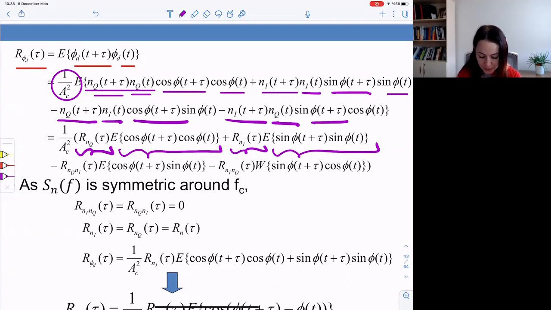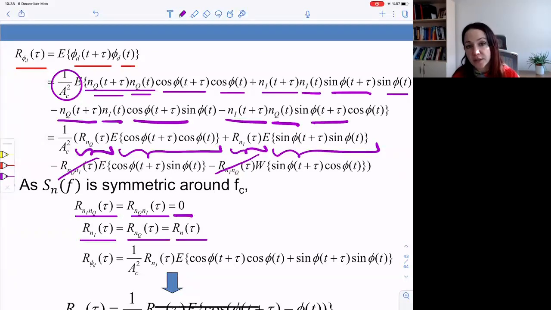Okay. So since R ni nq and R nq ni are 0, these cross terms disappear. And as we have computed before, Rni and Rnq are identical to Rn. We haven't really computed them, we've discussed them, borrowing the results from the textbook without proof because they were done in 306.